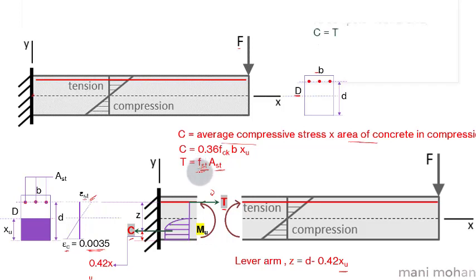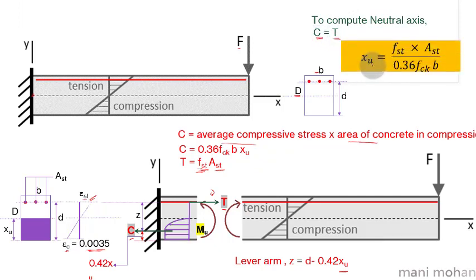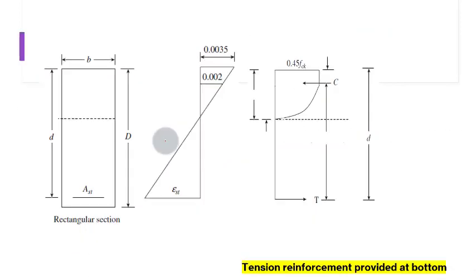To compute neutral axis depth, the equilibrium requirement gives C equals T. If we solve this, we get an equation for determining neutral axis depth for a singly reinforced section. So, now you know what a singly reinforced section is.